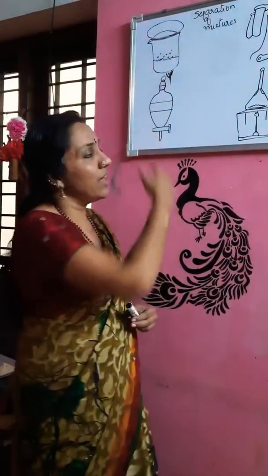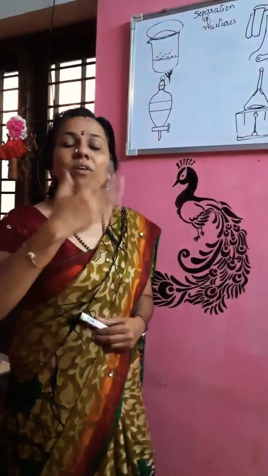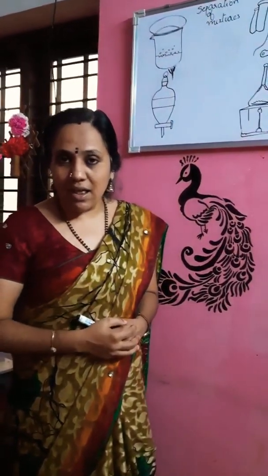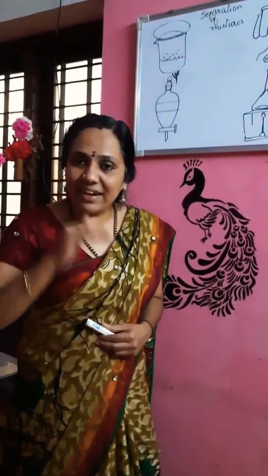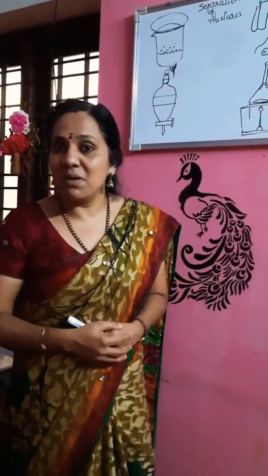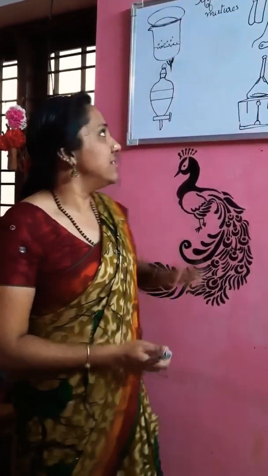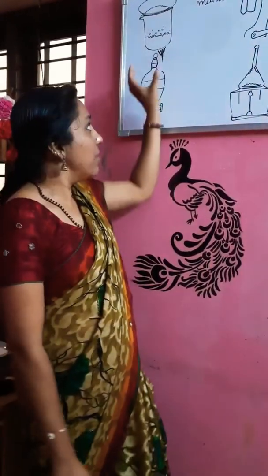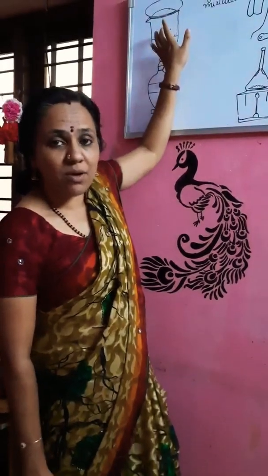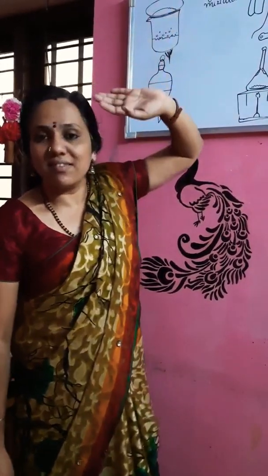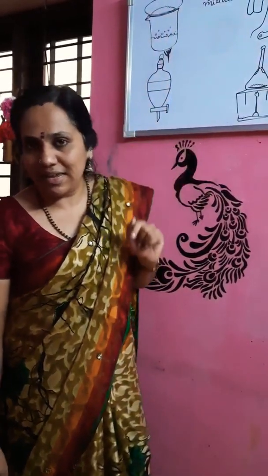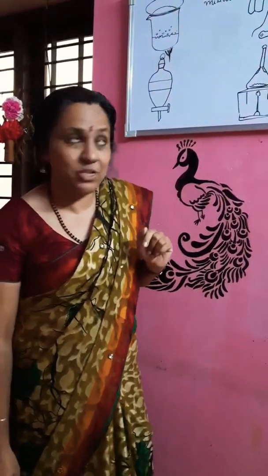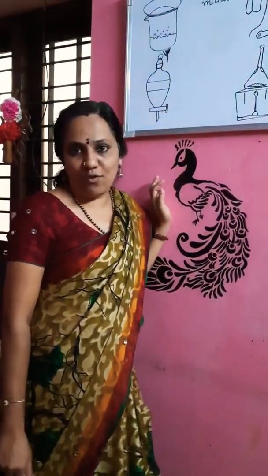In the case of ink, the solvent will evaporate, or they will be separated easily, and the dye will remain there. In the case of ink, it is done indirectly. We are boiling the water, and the heat from the boiled water is separating the components in ink. That is evaporation.